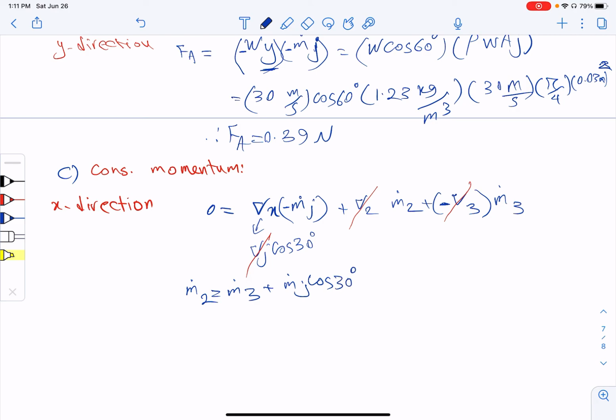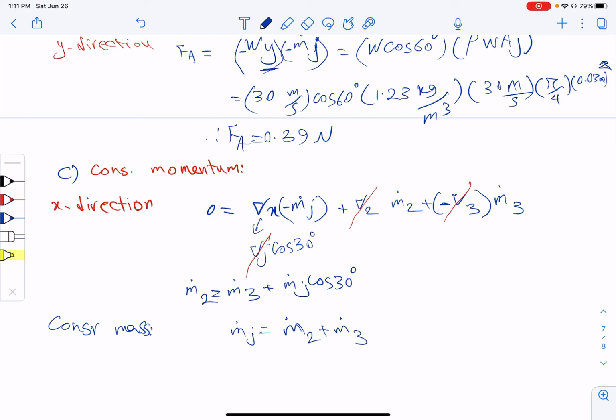And now we need another equation to solve it. So let's use the conservation of mass. We know that the inflow is equal to the outflow. So for inflow we have m dot j, and for outflow we have m dot 2 plus m dot 3, right?